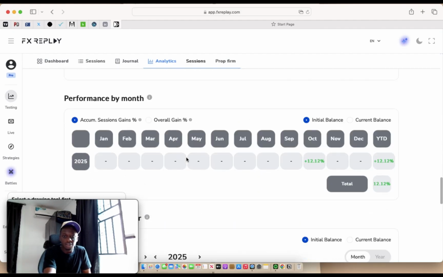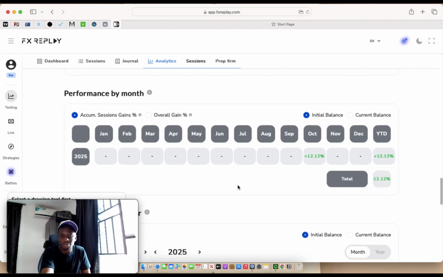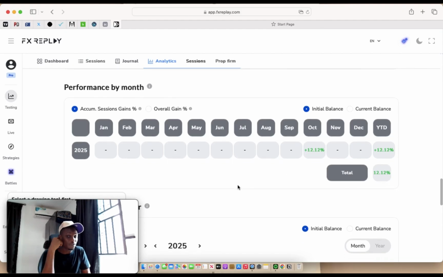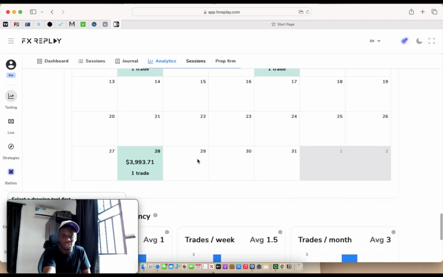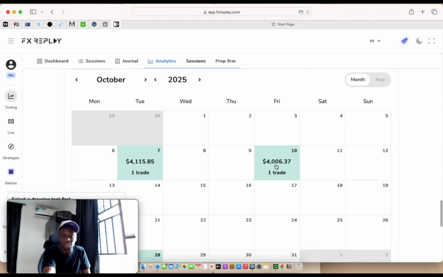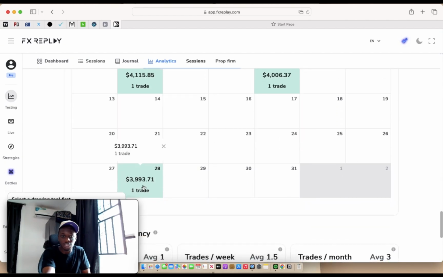Okay. And yeah, so we started from October, this was the October calculation here. We did 12.12%. And if you're trading a prop firm, you should be able to pass that phase one, I think so. And these are the days, like October, Tuesday, Friday, another trade here.